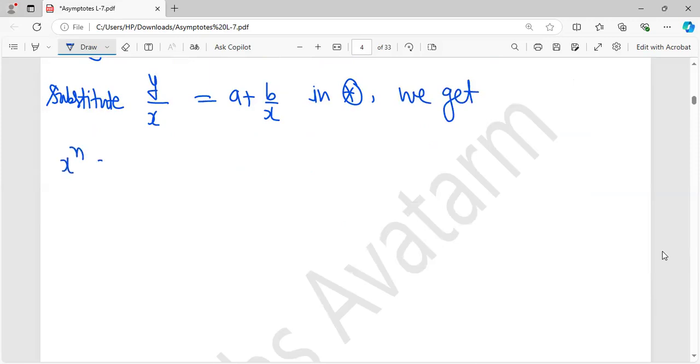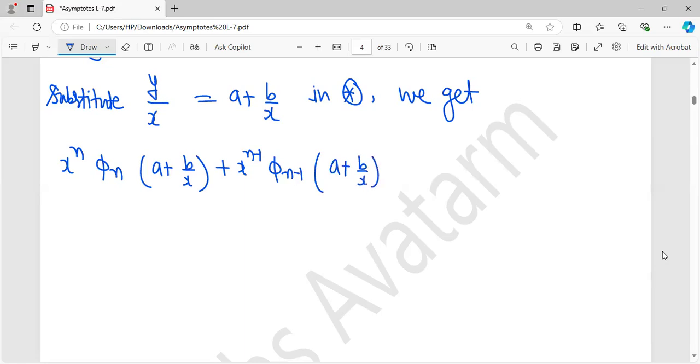We get phi n (a plus b upon x) plus x^(n-1) phi_(n-1) (a plus b upon x) plus ... plus x phi_1 (a plus b upon x) plus q naught is equal to 0.